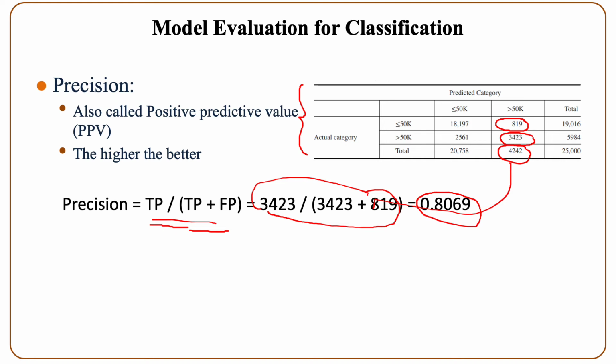For models such as spam classification, false negatives are less of a concern, while false positives are, so precision is better here.